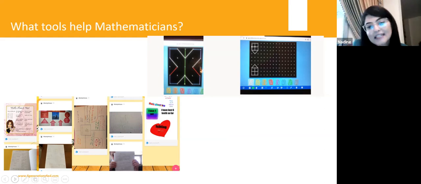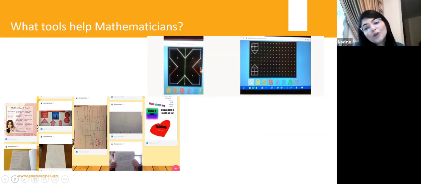So in the first example, the geoboard example, last year also we were teaching remotely, and our learners were inquiring into shapes, specifically transformation of shapes. Also, they were used to the actual geoboards, and here was the real challenge.